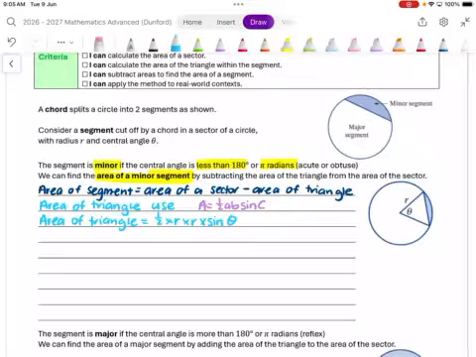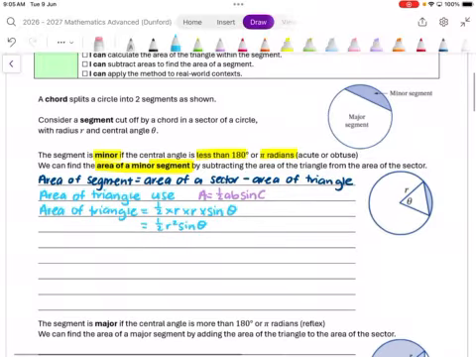That means our area of a triangle formula that we're going to be using is a half r squared sine theta. Now, for our area of a sector formula, that's what we learnt about last lesson, and so we are going to use our formula A equals a half r squared theta.